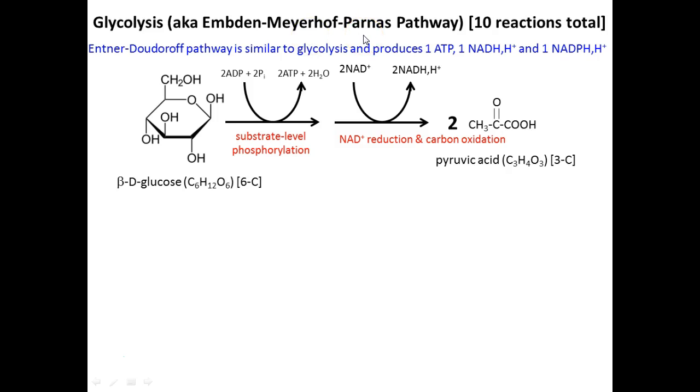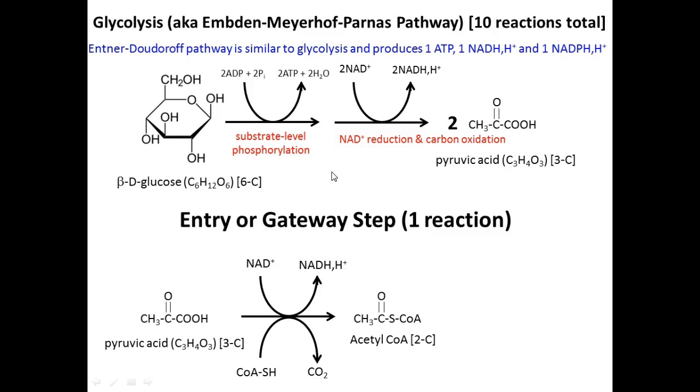There's another pathway that's similar, the Entner-Doudoroff pathway of glycolysis, and it produces less ATP, just one. It produces one NADH, but it also produces another electron carrier, NADPH. So it's just a little bit different way of extracting energy from glucose.